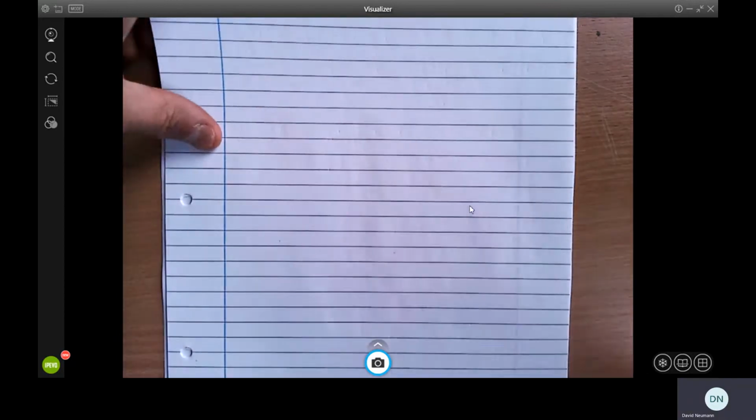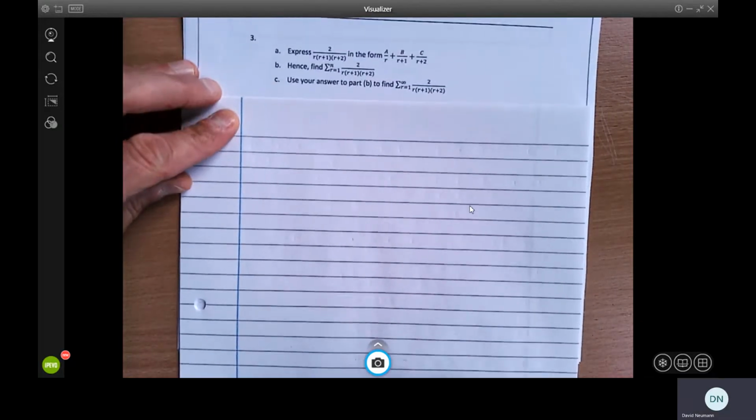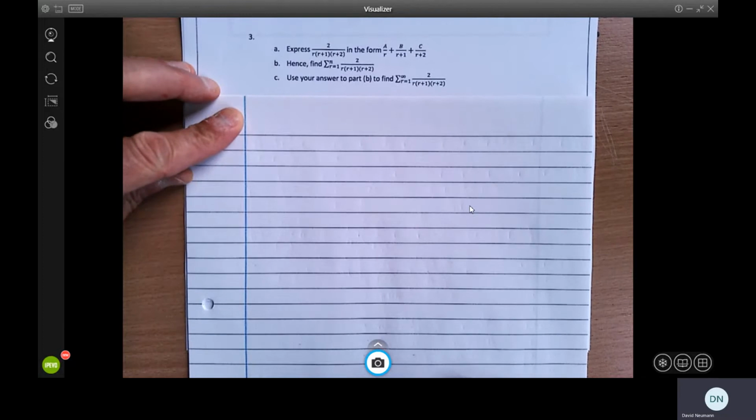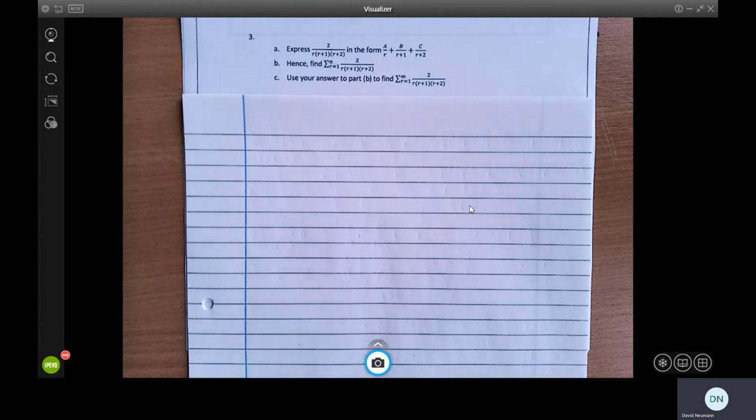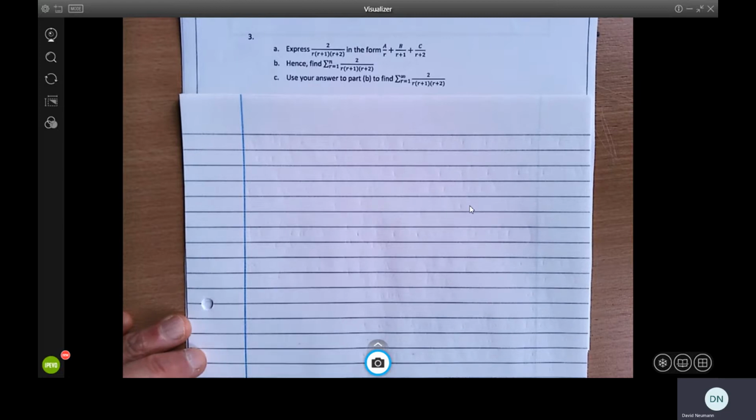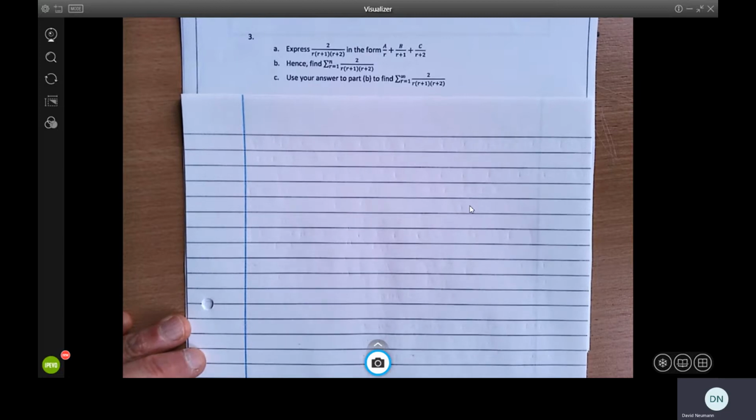I'm going to take that out of the way, and we'll look at the third question here, which looks like that. So these are the parts of this question, and on the whole, exam questions will lead you through like this.